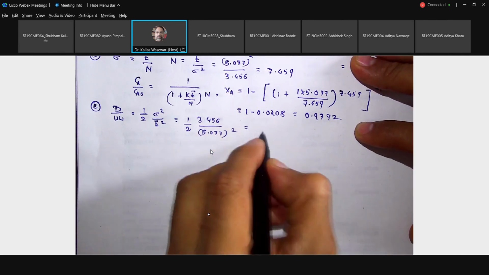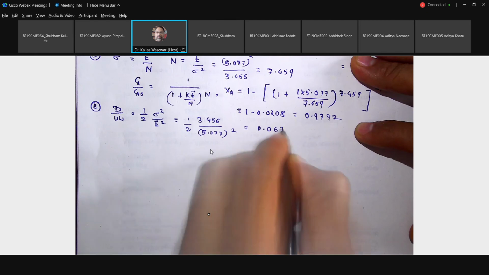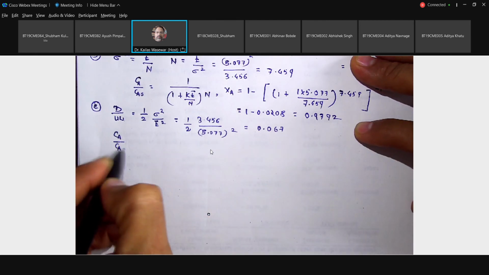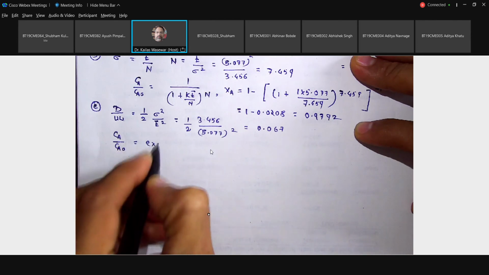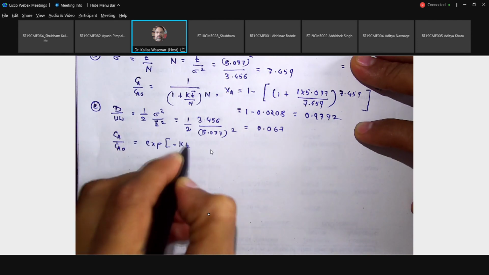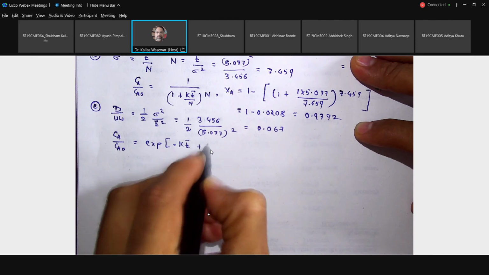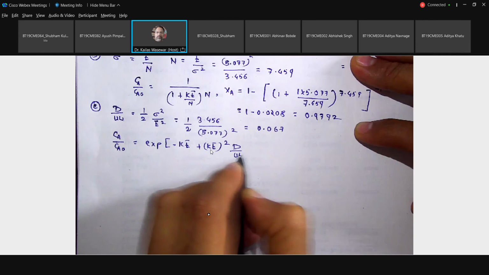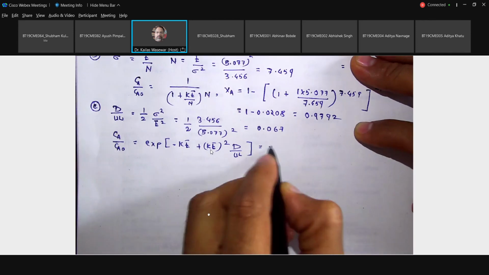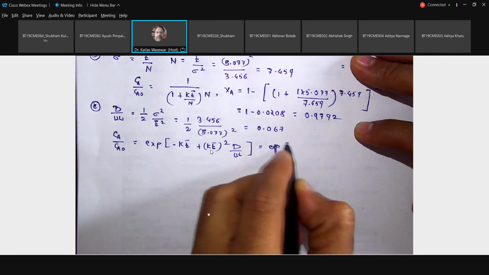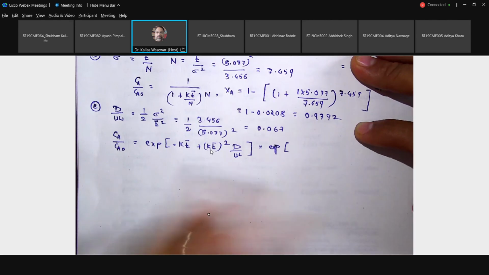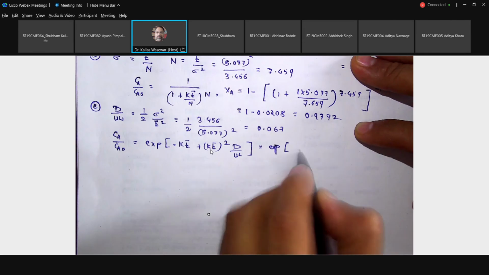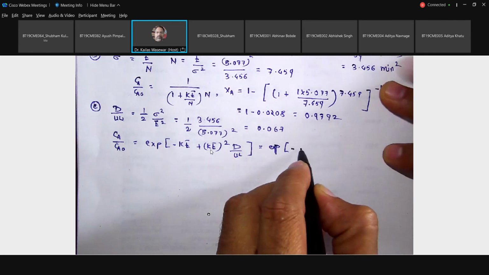So Ca upon Ca0 for dispersion model, exponential of minus K plus Kt whole square d upon QL. Is it? It's very easy because K is 1. So substitute the values, all values here, minus how much it is? 5.077 plus minus 0.067.